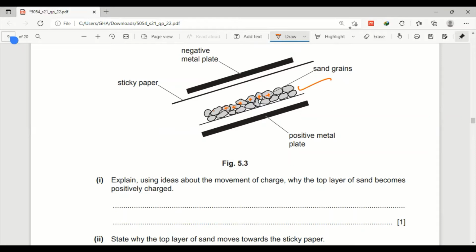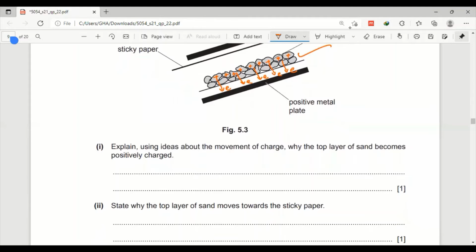So a substance, a body, becomes positively charged after losing electrons. So these electrons are attracted by the positive plate. This is the reason. This is the logic. So electrons of these sand particles are transferred to the positive plate.